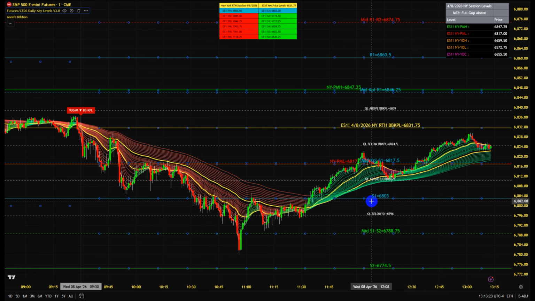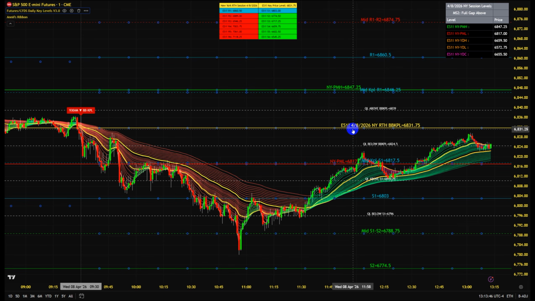And as you can see here, we did get a move back up to, again, if you were doing a micro scalp, you would be getting out at the PML level here off of this trade, because that is still far enough away from this entry for a decent reward risk.